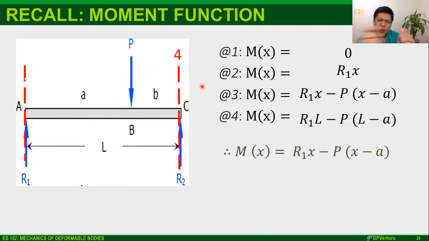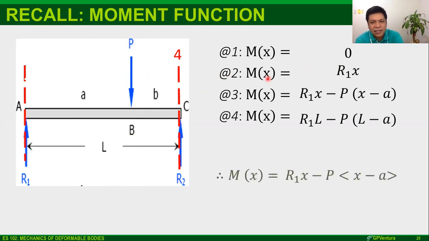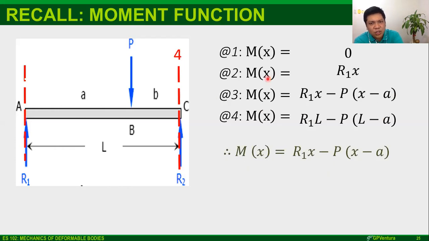Now, no need to dwell much on all of these. What I'd like to highlight here is that try to look at section 3 and section 4. They actually look the same. The form looks the same, but what can you notice? Section 4 is found at the very end of the beam. In section 4, the support reaction R2 was not already included. Correct?